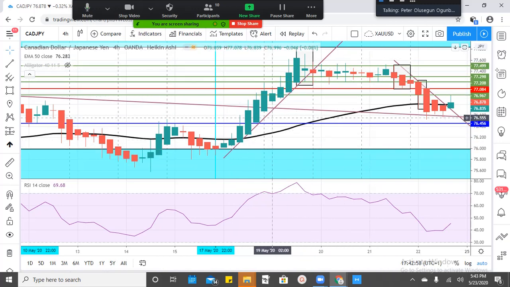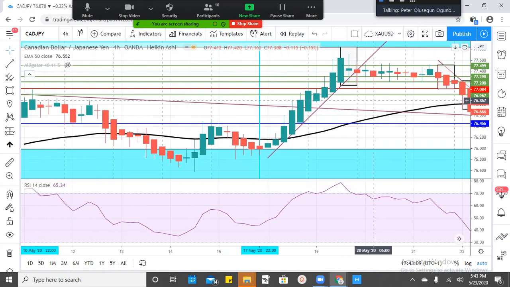Now, the way we enter is the way we are going to plan our exit. How do we exit here? In case you don't know how to do technical analysis the way we do it, once you see that the market actually moved to this point, the highest level, first draw your box.